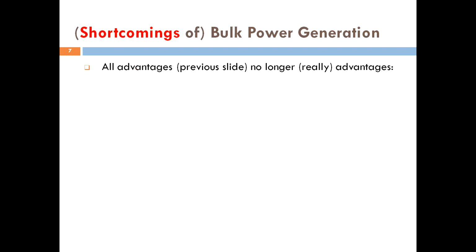But then there were shortcomings of this bulk power generation. When we look at all the advantages or the drivers for bulk power generation that we looked at in the previous slide, we find that in the latter part of the 20th century, these advantages were not weighing as much due to other developments that started taking place.